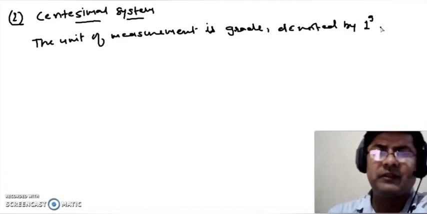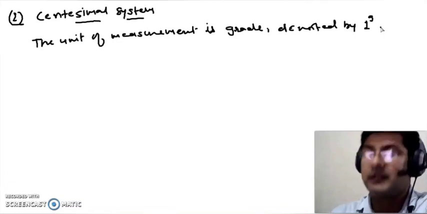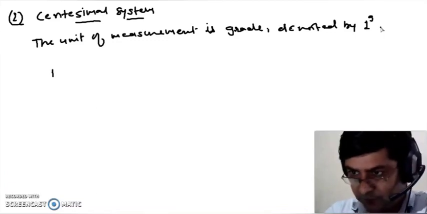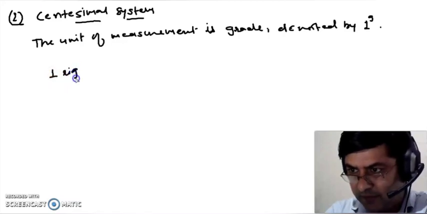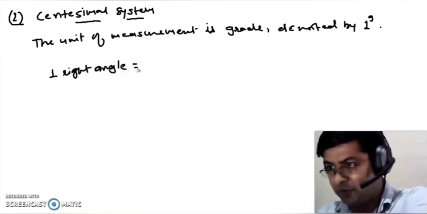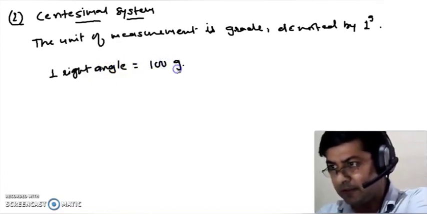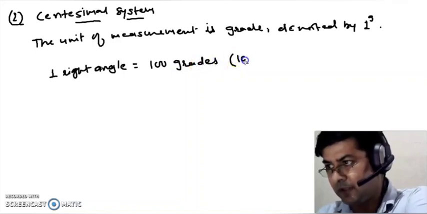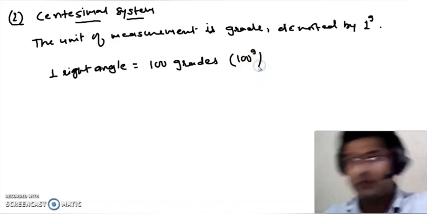In this system, one right angle is divided into 100 equal parts. Okay, so we can write that one right angle is equals to 100 grades. Clear? And we write 100 superscript G.